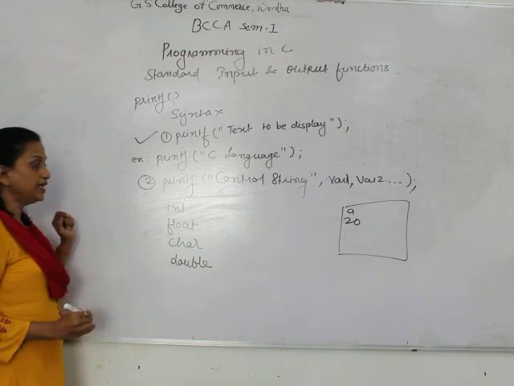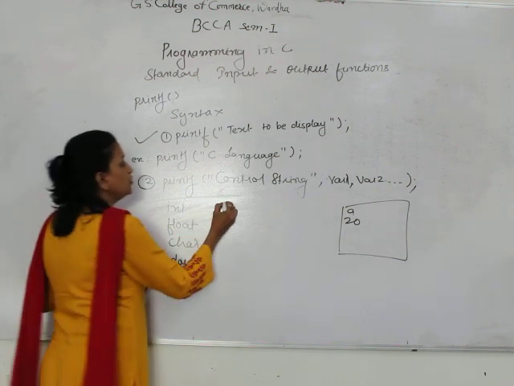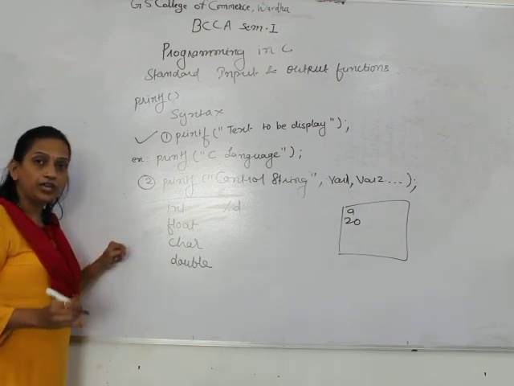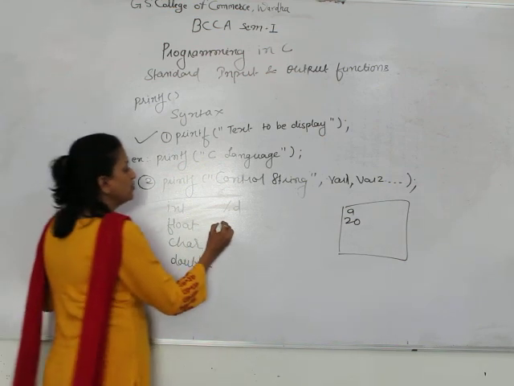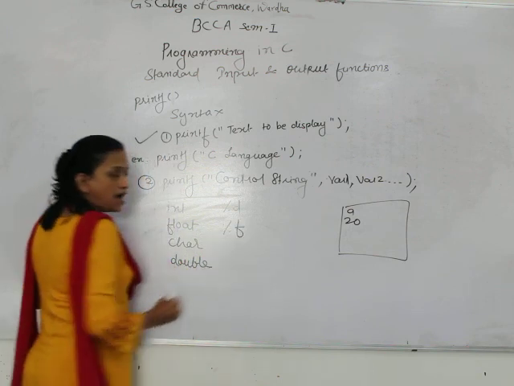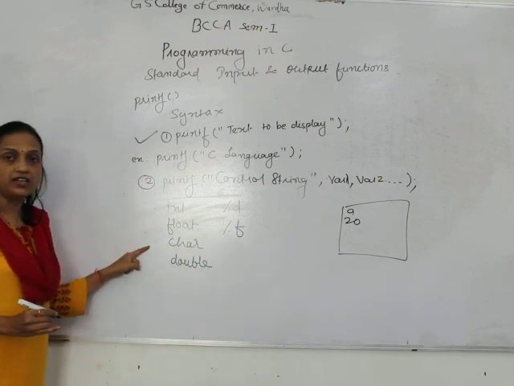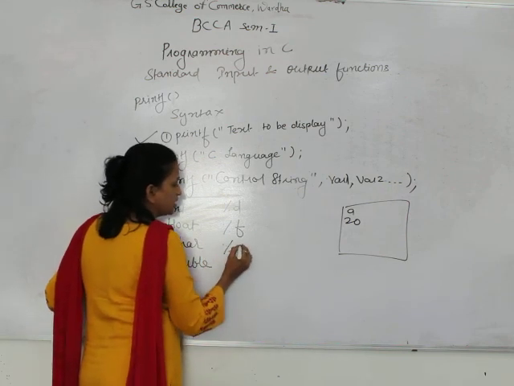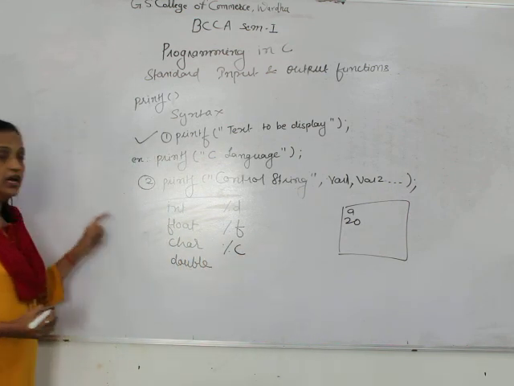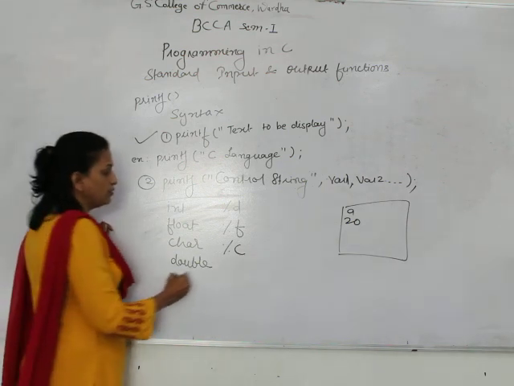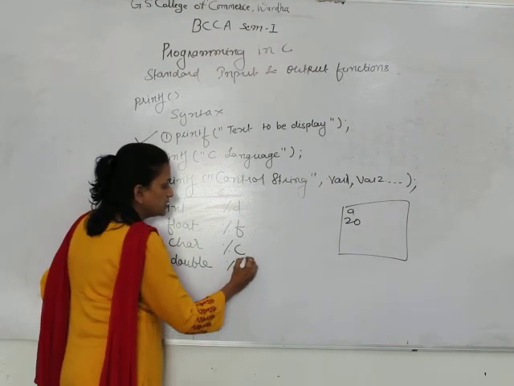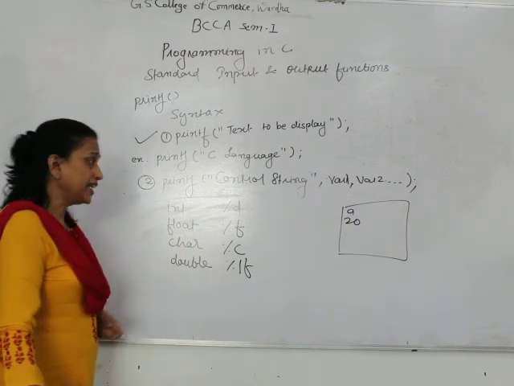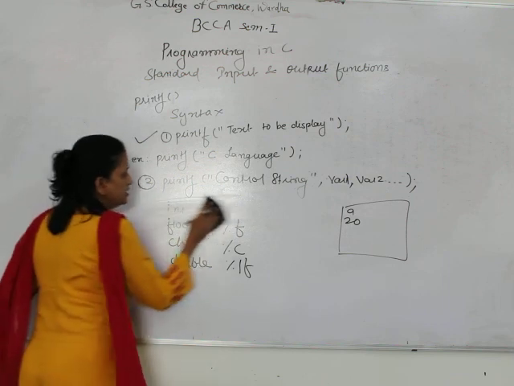Okay, so to print the integer value, you have to use %d. To print the floating point value, you have to use %f. If you want to print the character type value, then you have to use the format specification %c. And if you want to print the double value, then you have to use %lf.